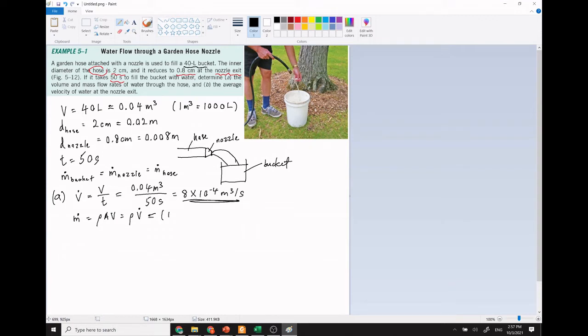Rho is 1000, the density of water is always 1000, multiplied by V dot, which is 8 times 10 to the power -4 meter cube per second. If you calculate that, you should get about 0.8 kilogram per second. So this is the mass flow rate. So you have the mass flow rate and the volumetric flow rate. So A is done.